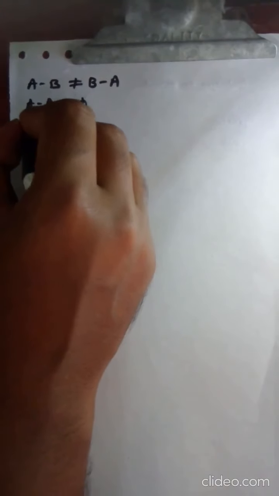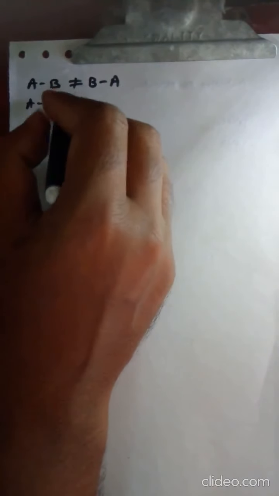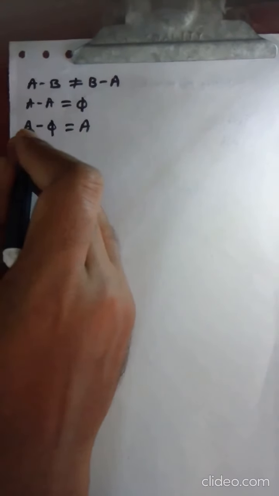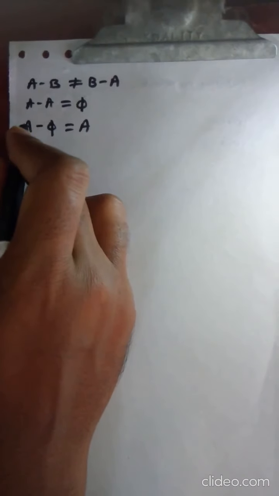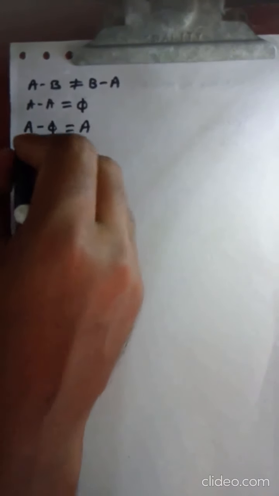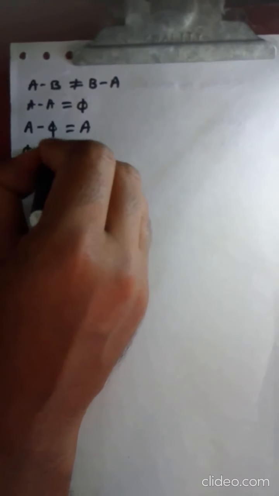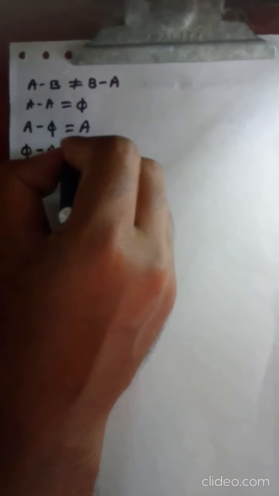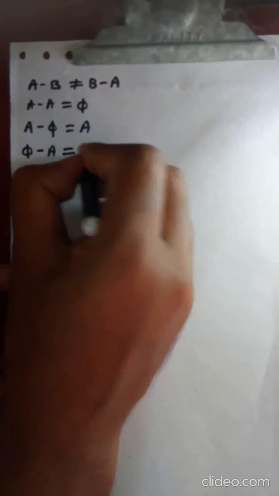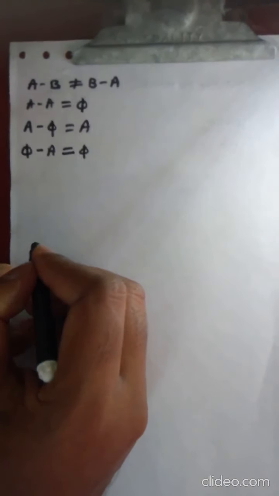Then A minus phi is set A: if we subtract the empty set from set A, then the output is set A. And if we subtract set A from the empty set, then the output is phi, right?